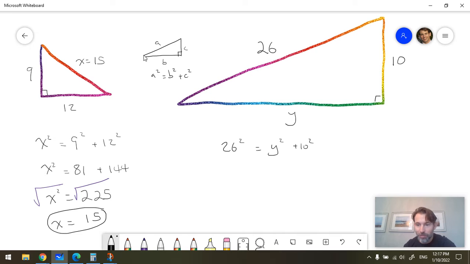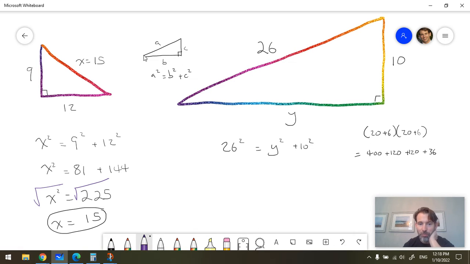Okay, and 26 times 26. Well, we could use a multiplication trick to do that. We could say this is 20 plus 6 multiplied by 20 plus 6. You could start to do this in your head, but because I'm talking, I can't. Then you do first times first, which is 400, plus 120 twice, that's 20 times 6 plus 20 times 6, and then plus 36, that's 6 times 6.